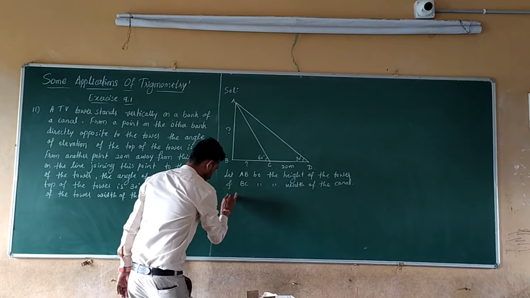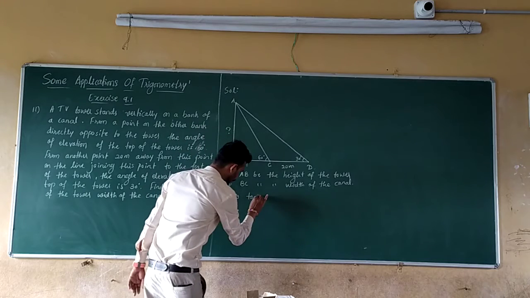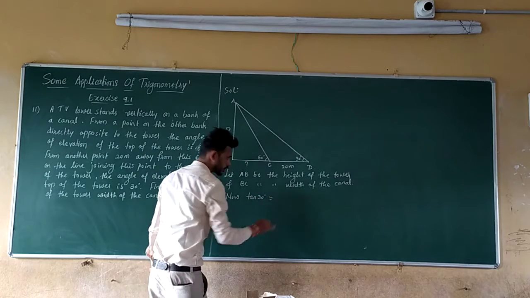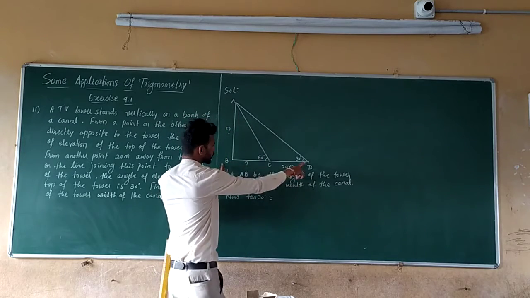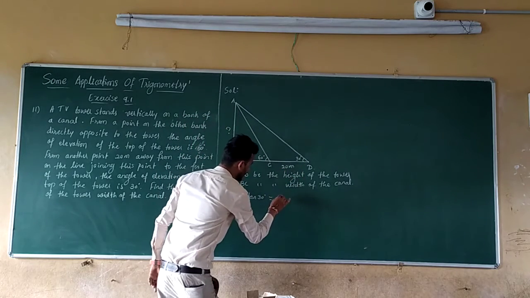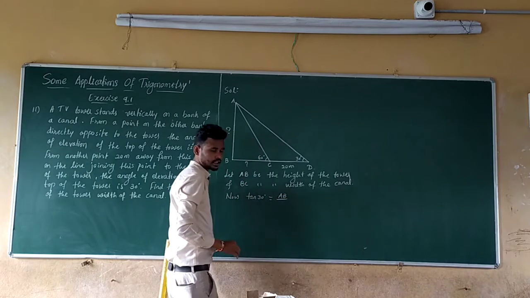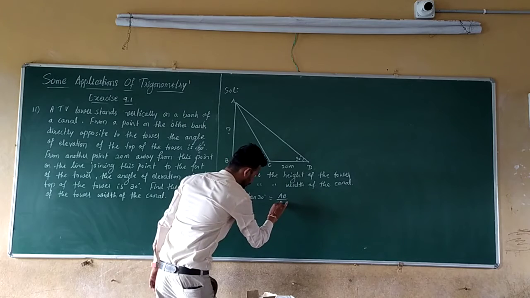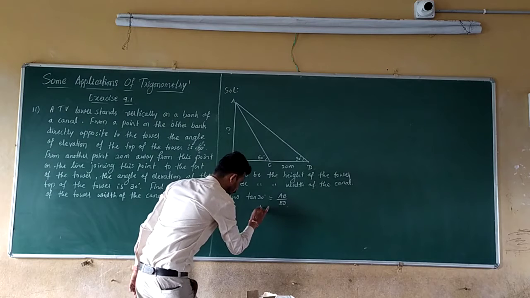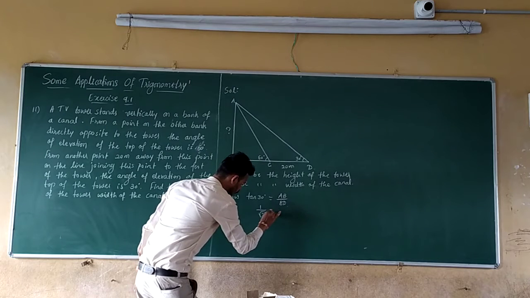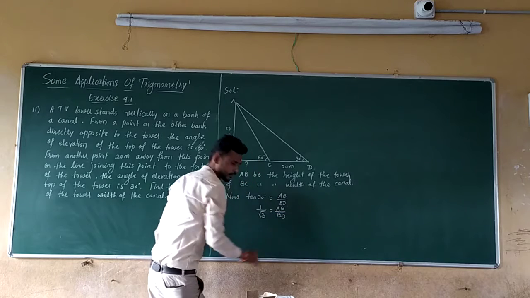So now, tan 30 degree, which is equal to opposite or adjacent? Opposite is AB and adjacent is BD. So tan 30 degree value is 1 by root 3, which is equal to AB by BD.